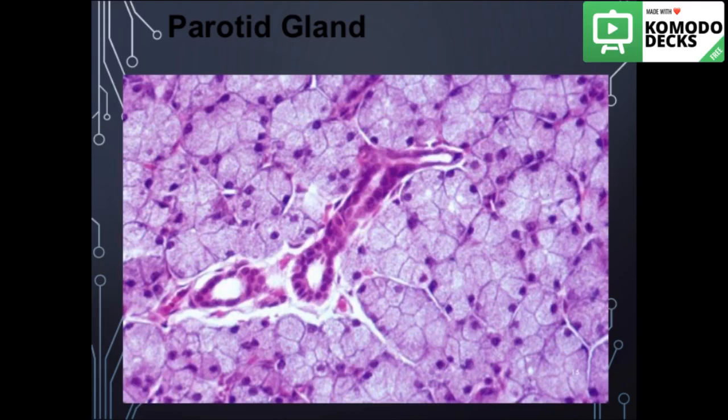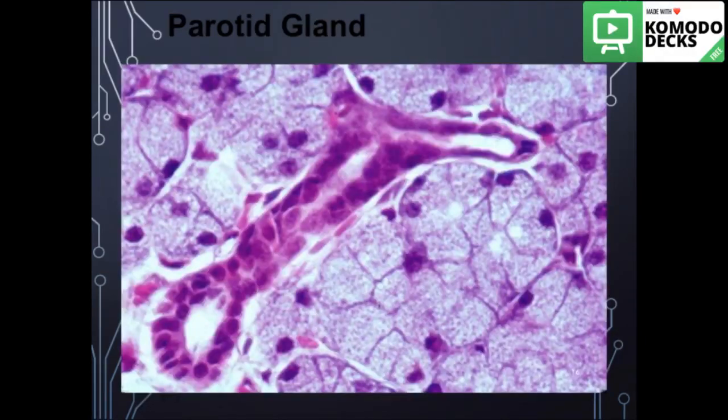Obvious, the striated ducts, which are long and branching in the parotid gland. A magnified view of the intercalated duct.